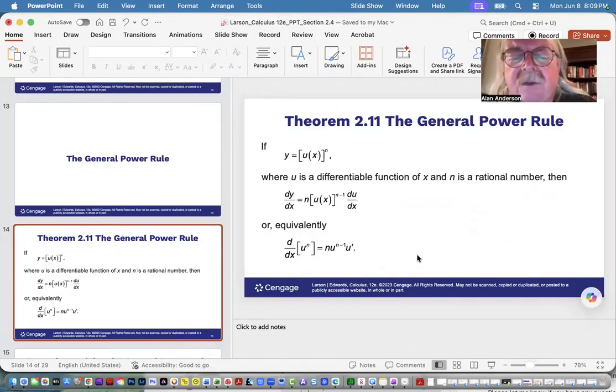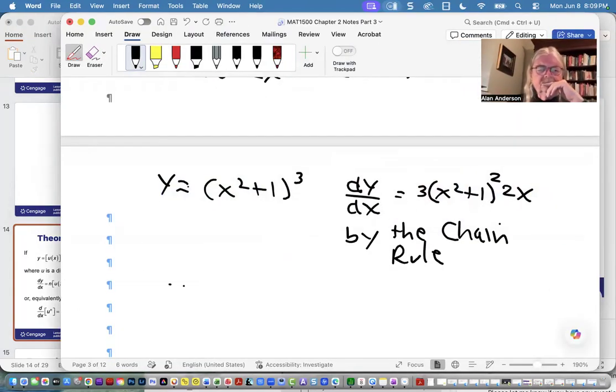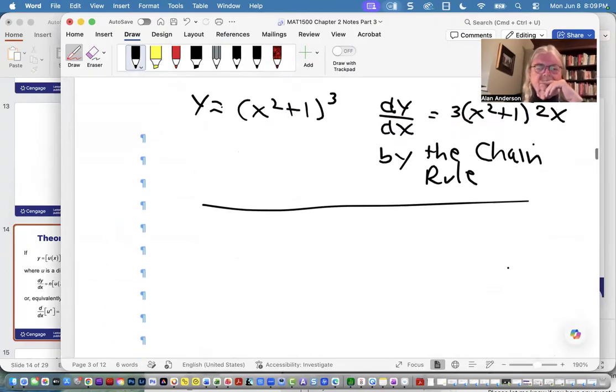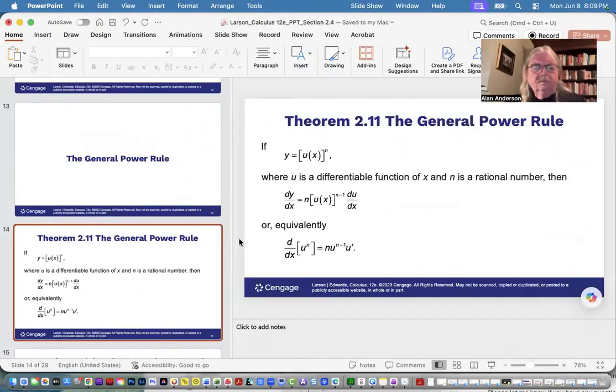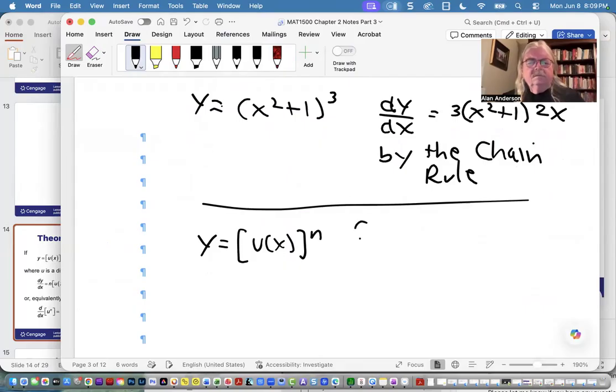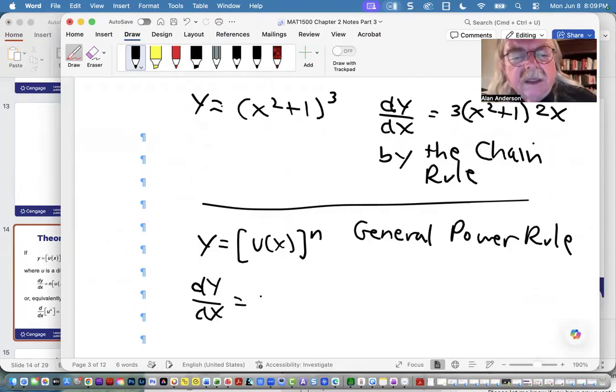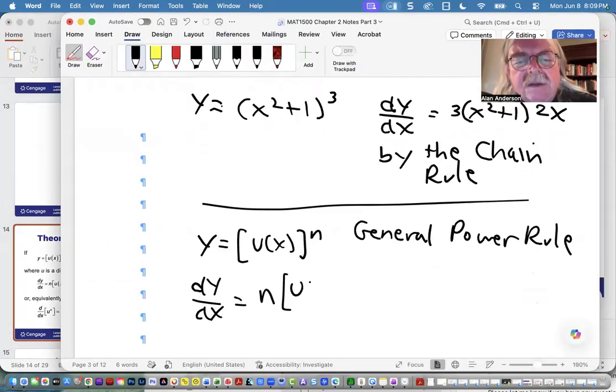So here's an interesting one. The general power rule, if we're going to write it in terms of dy dx, we have u of x to the n. We're going to wind up with n u of x to the n minus 1.